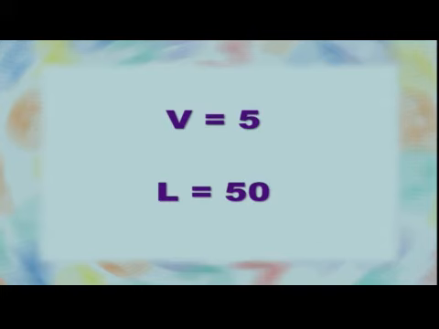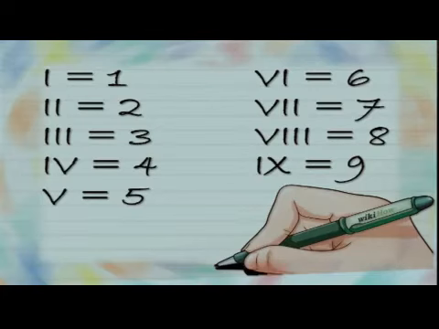Now coming to the third rule, V, L and D, that is 5, 50 and 500, can never be repeated in Roman numerals. The fourth rule is, if a symbol with a smaller value is written on the right of a symbol with a greater value, then its value is added to the value of the greater symbol.